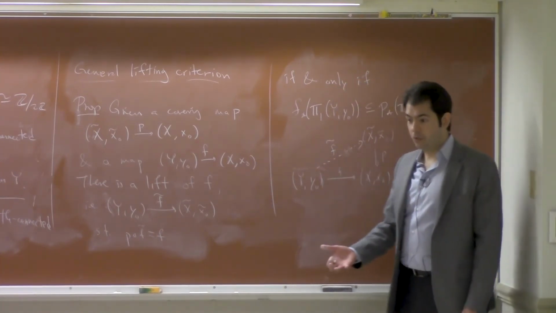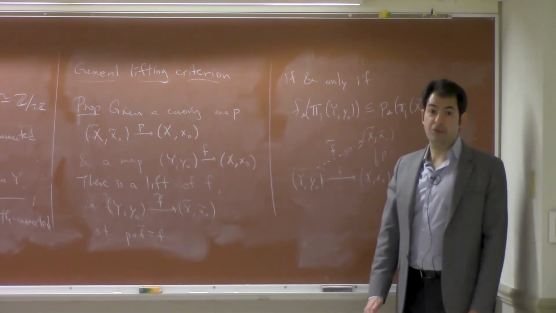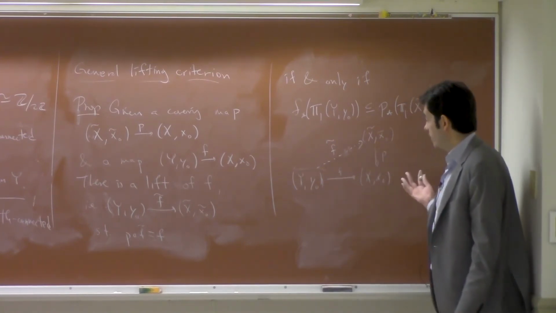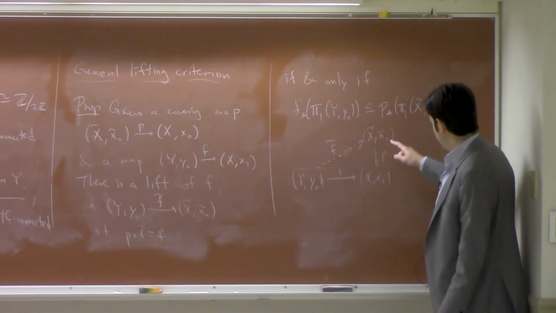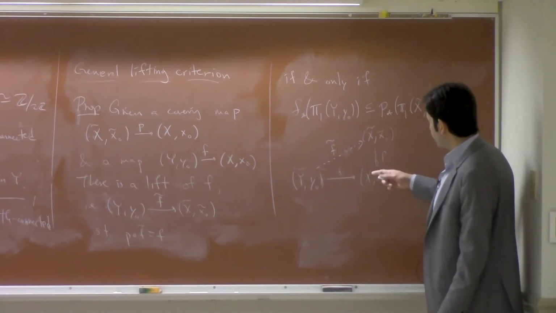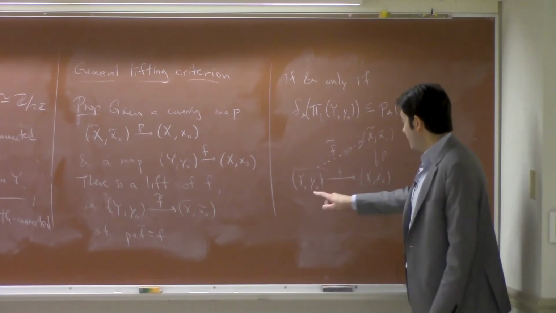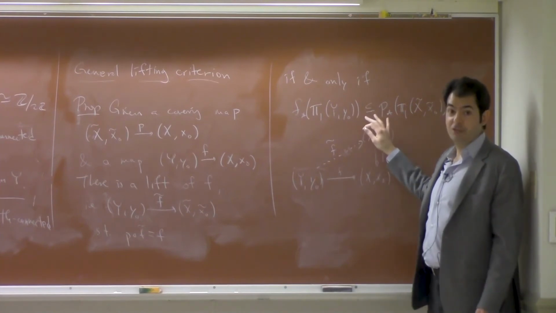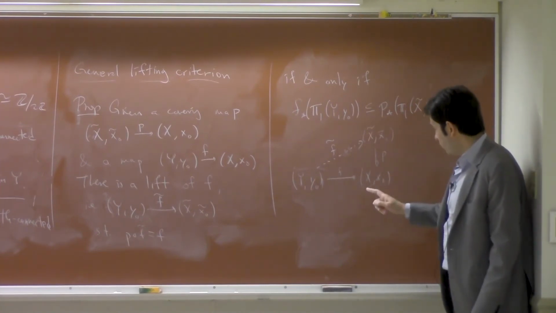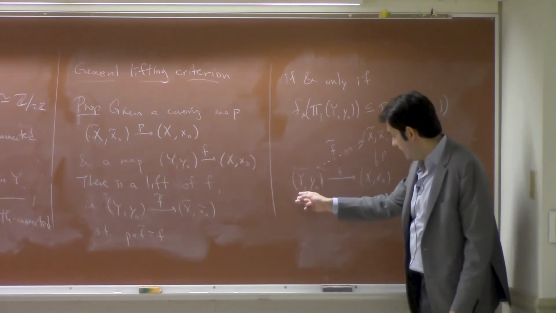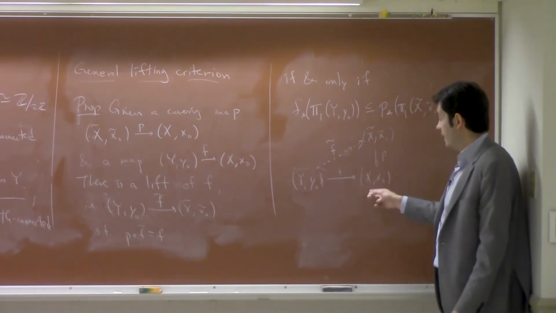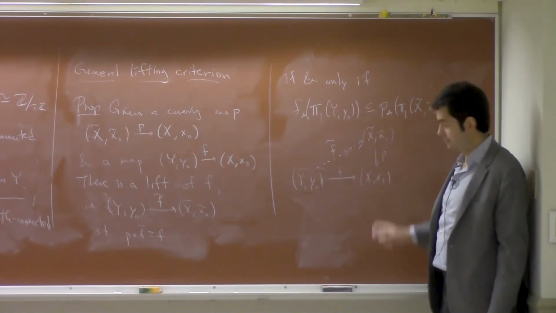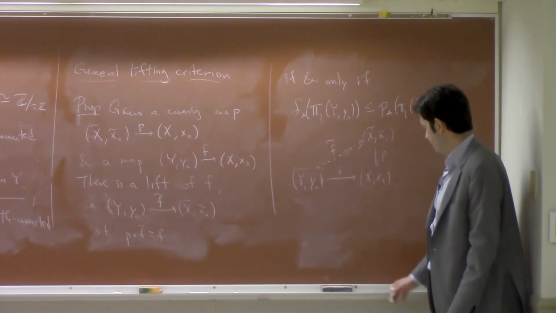So this is like one of those classical applications of algebraic topology, because this question doesn't involve any invariants from algebraic topology. You have this cover, and you want to know if you can construct the lift, and it turns out that the answer is entirely in terms of invariants of algebraic topology. What you need is that when you take the fundamental group of this space and map it over here, it lands inside the image of the fundamental group of this guy mapped along this map.